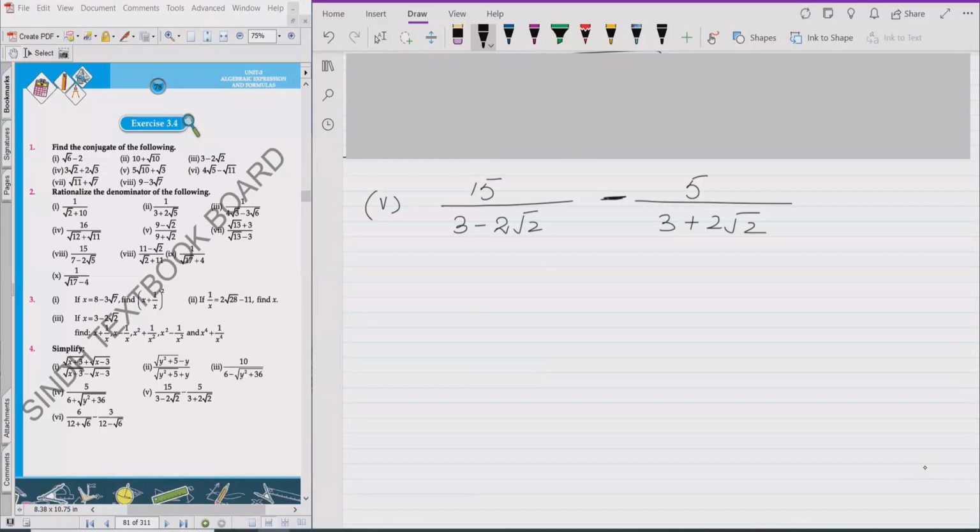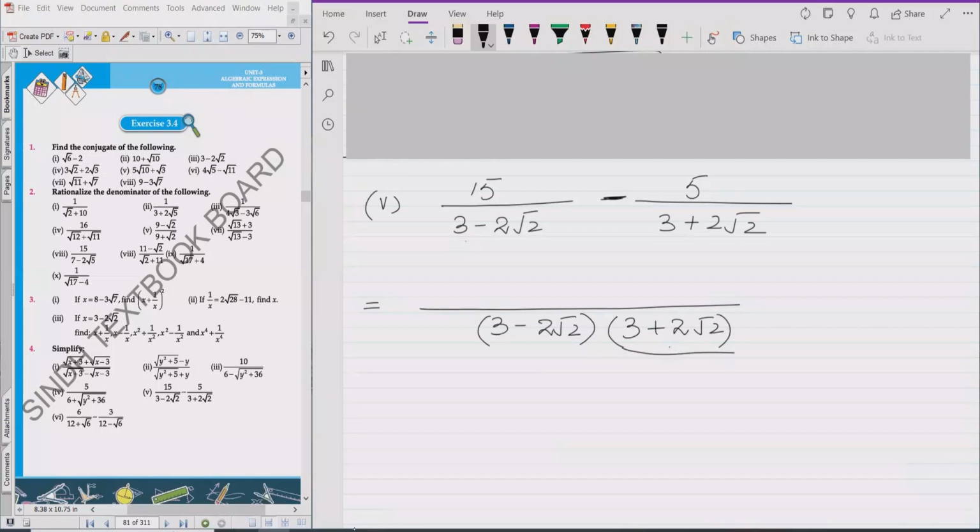We will simplify using the addition and subtraction of these surds. So first we will take the LCM: 3 minus 2 root 2 and 3 plus 2 root 2 here. Okay, now this term is 3 minus 2 root 2 and we do not have this term here.